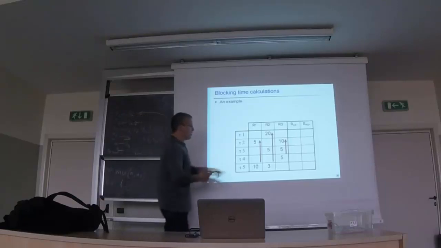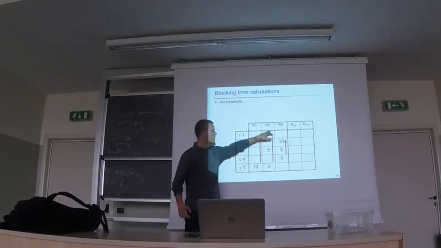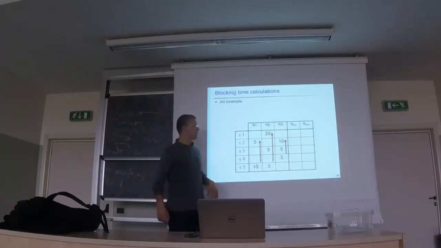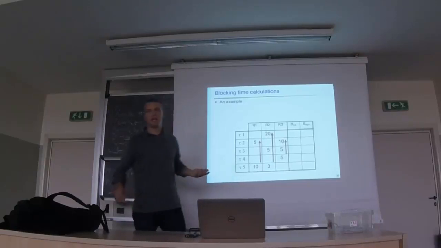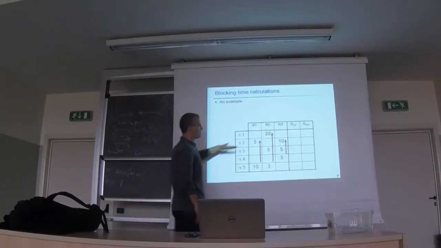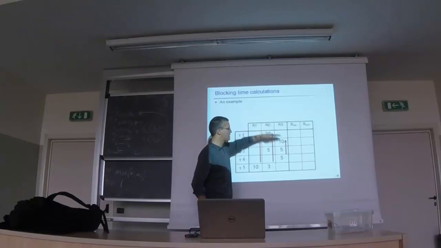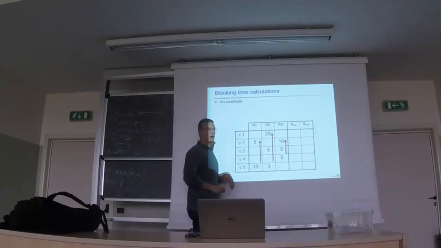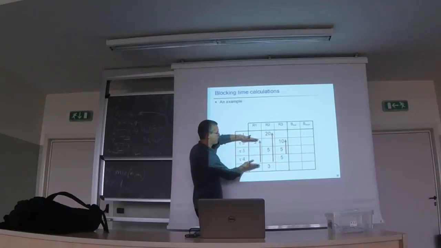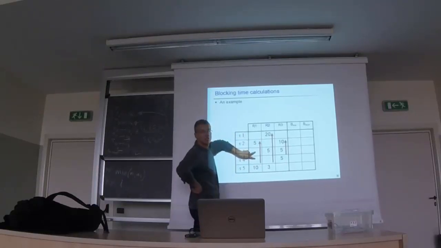So what are these arrows? These arrows represent the notion of ceiling for priority inheritance. So this is the highest, this is the highest, this is the highest. And the notion of push-through blocking that I may experience in priority inheritance. So this guy and this guy, they do not access the resource. Nevertheless, they can be blocked for 10 time units.